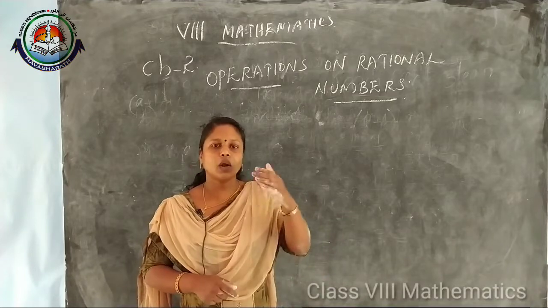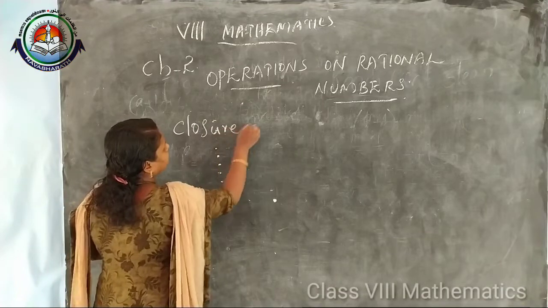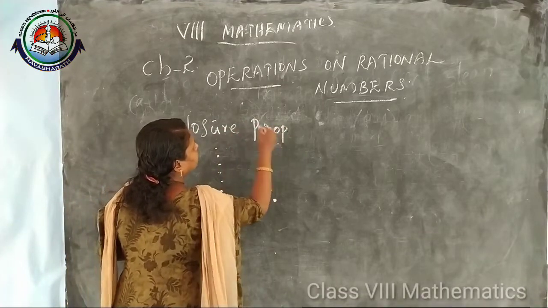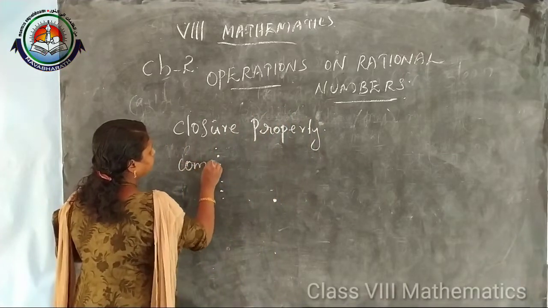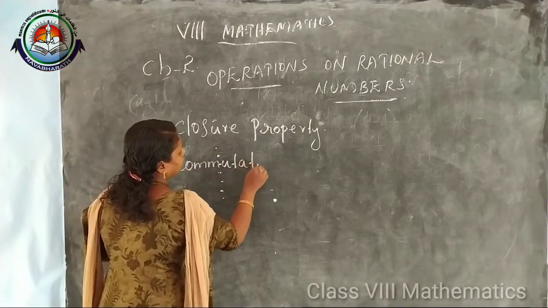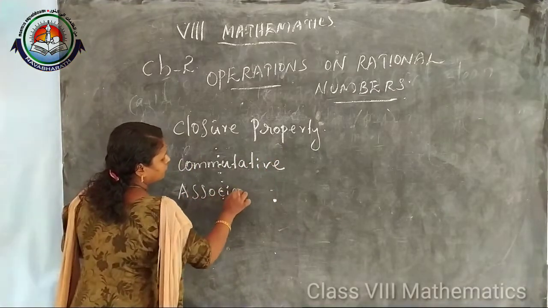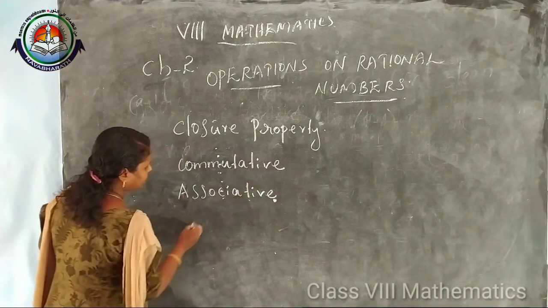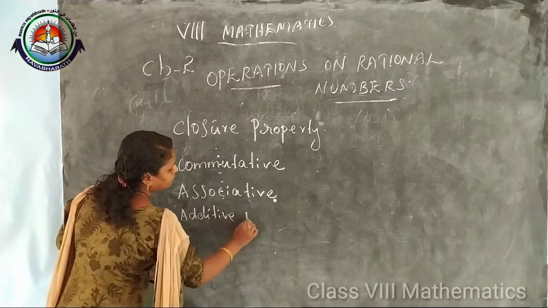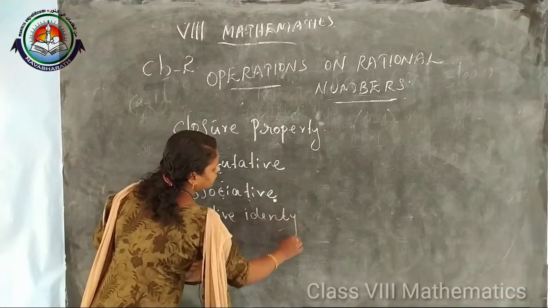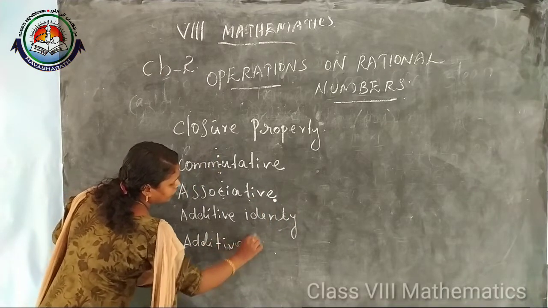The first property was closure property, then commutative property, associative property, then additive identity and additive inverse.